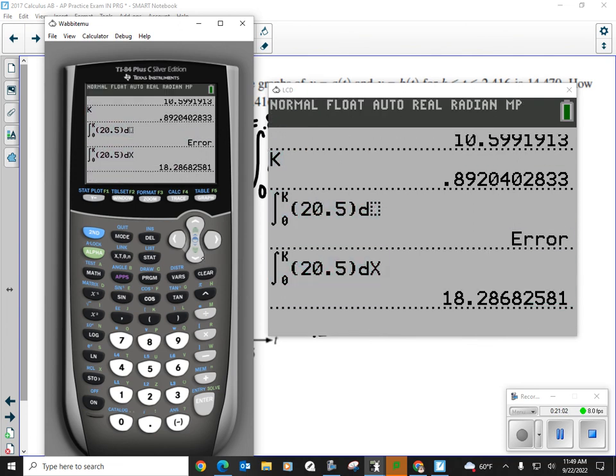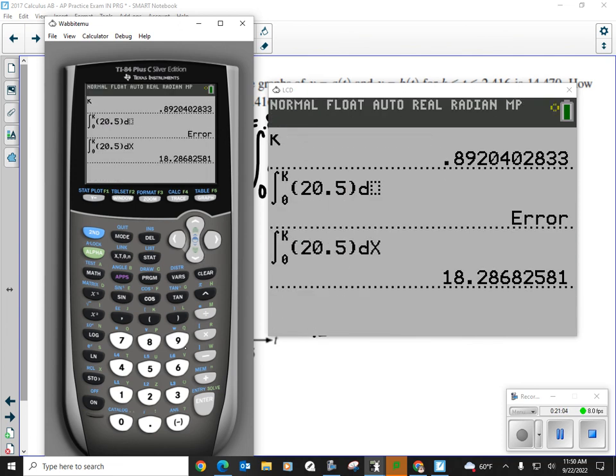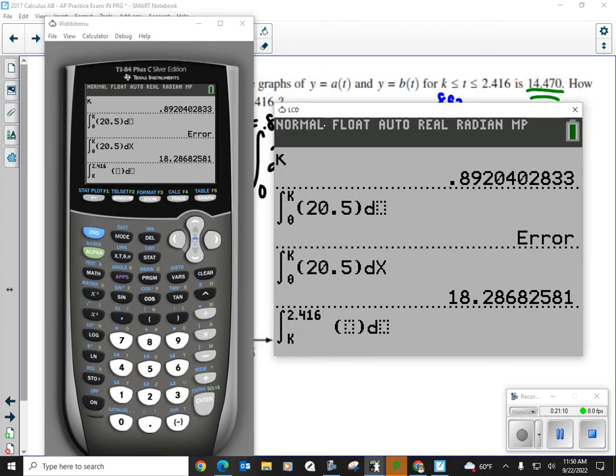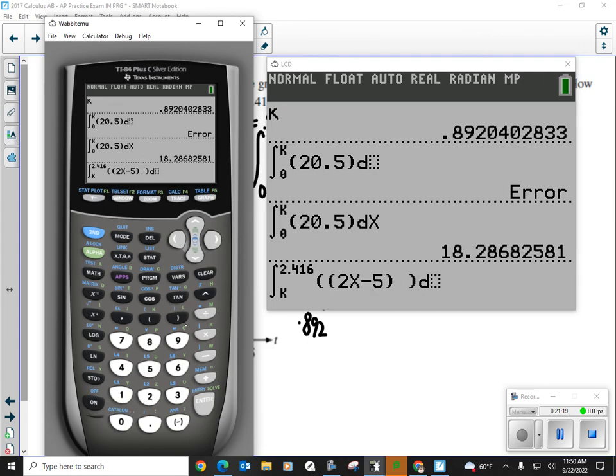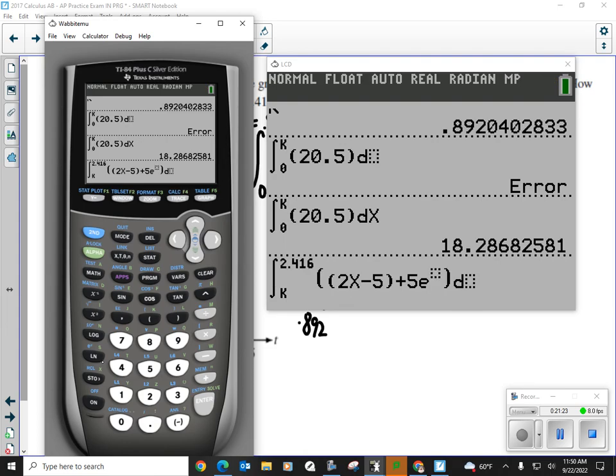I was looking to be lazy, but math 9, from K as the lower bound to 2.416. Let's make sure I got that right. I do. And I've got to do my A function, parenthesis 2x minus 5, parenthesis, plus 5e raised to the 2 sine of x.